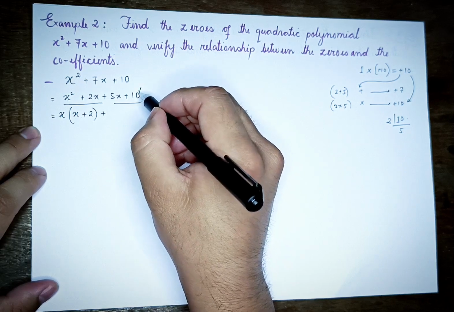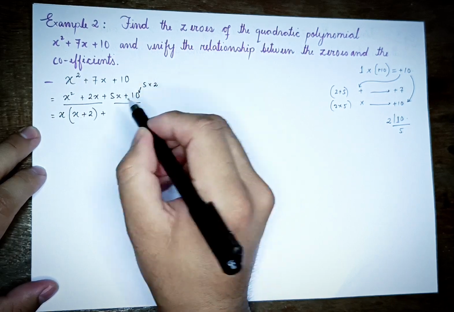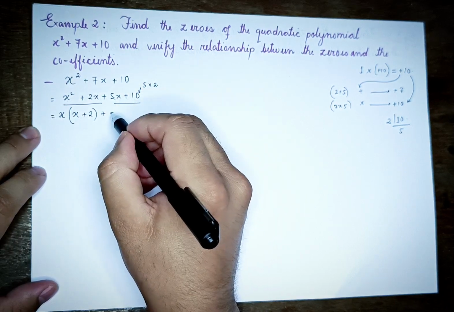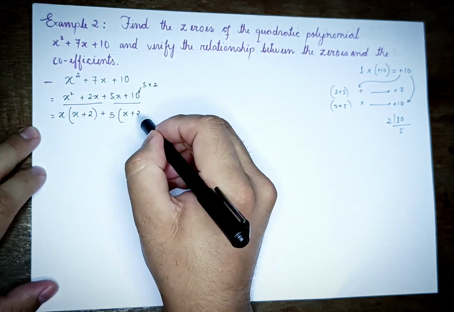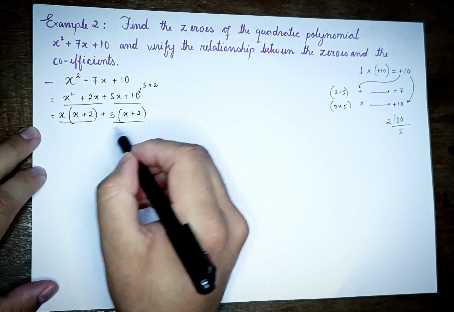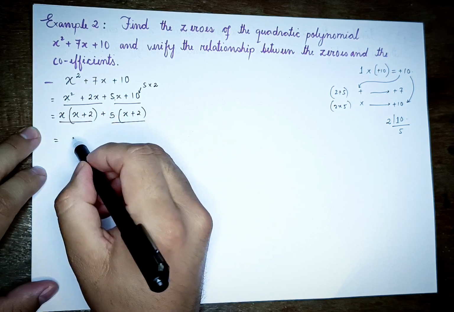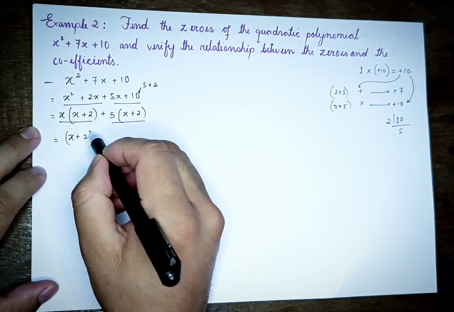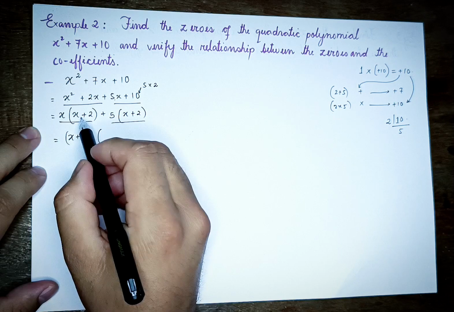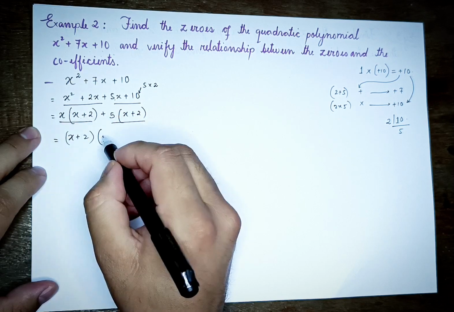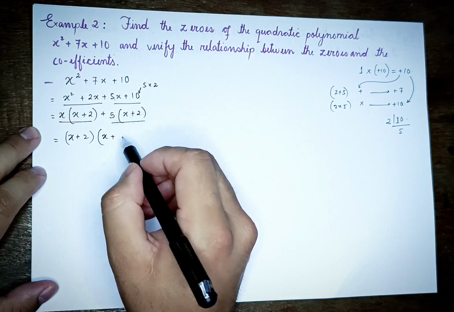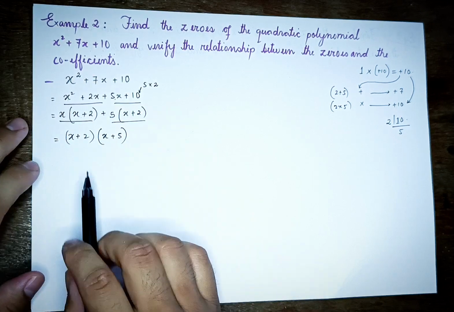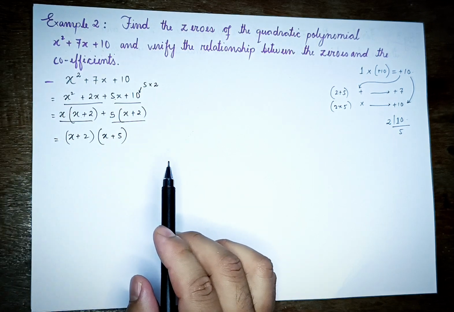Here this 10 can be written as 5 into 2. Taking 5 common out, we are left with x plus 2. In these two terms, x plus 2 is common, so we take out x plus 2. After taking out x plus 2, we are left with x, and plus 5. So we get x plus 2 into x plus 5.